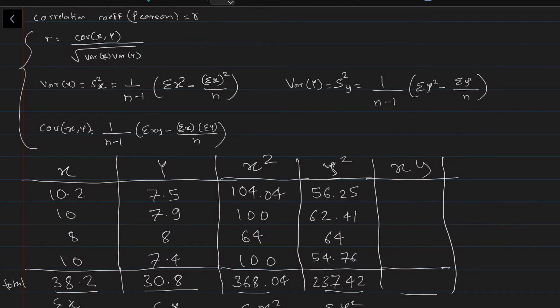And that's 76.5. 79. So finally we are going to get the summation.